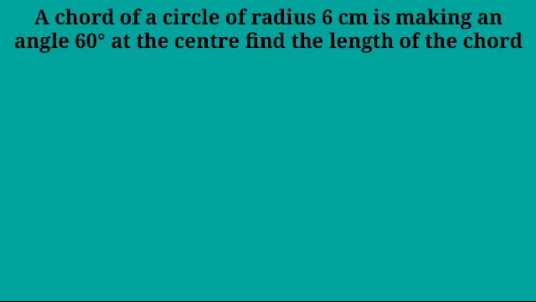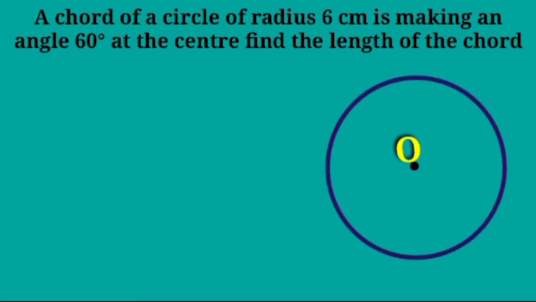A chord of a circle of radius 6 centimeters is making an angle 60 degrees at the center. Find the length of the chord. Draw a circle with radius 6 centimeters. AB chord.